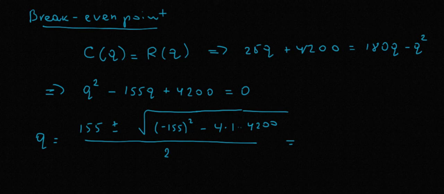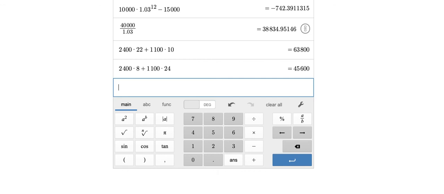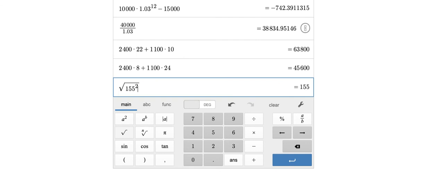Let's quickly calculate, using a calculator, the square root that we have in this problem. So it's going to be the square root of 155 squared minus 4 times 4,200, and that comes out to equal 125.